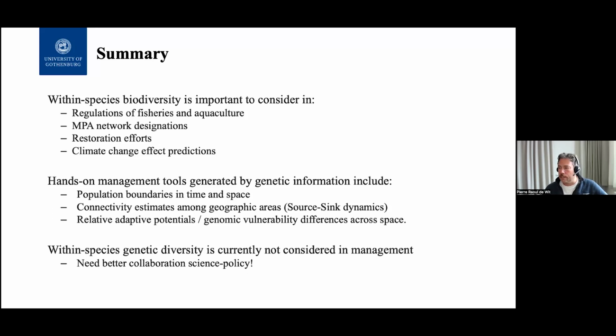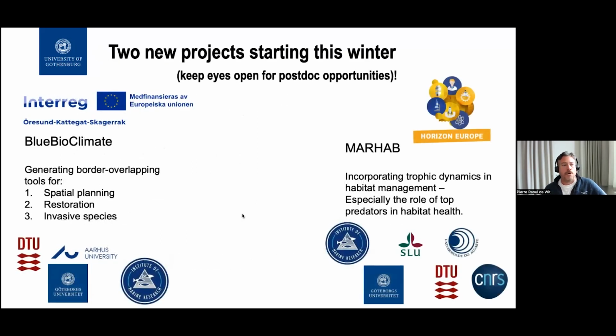So last slide I have here is just to introduce 2 new projects that we have now that try to address this in different ways. One on the left here is an Interreg project that focuses on Skagerrak. So it's from Interreg Öresund Kattegatt Skagerrak, called Blue Bioclimate. That will be starting now on October 1st.